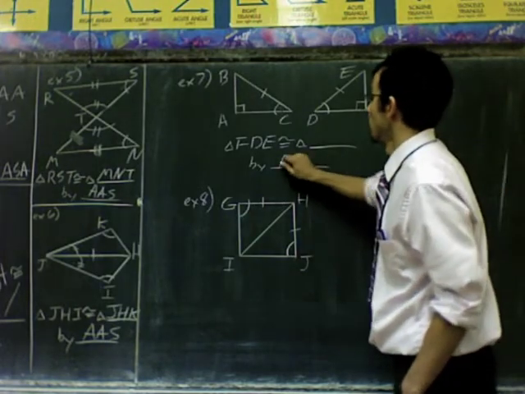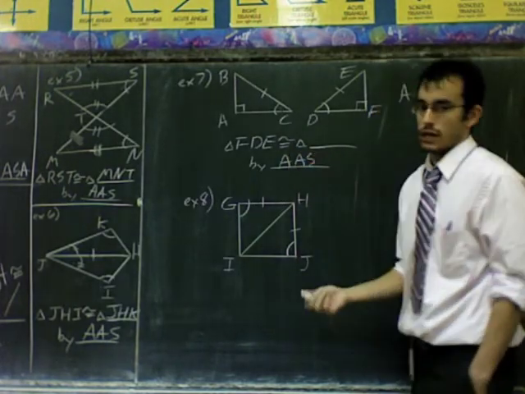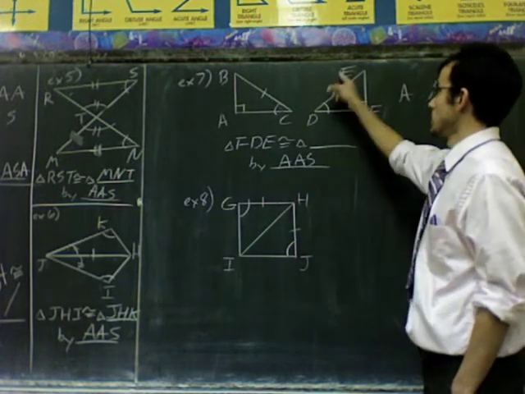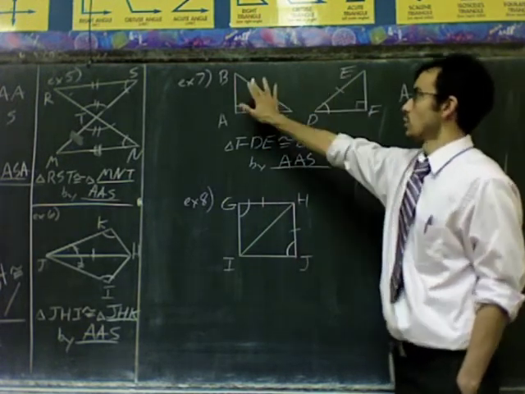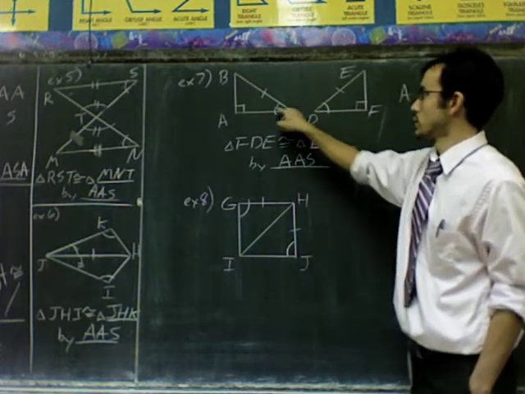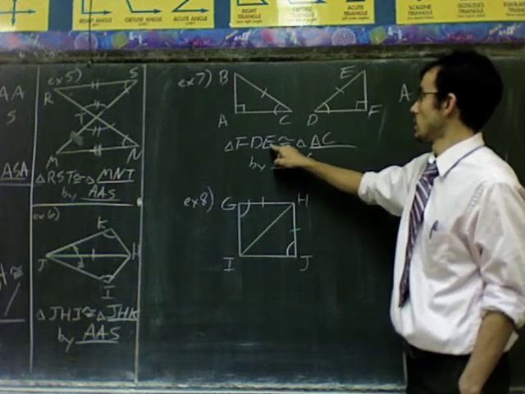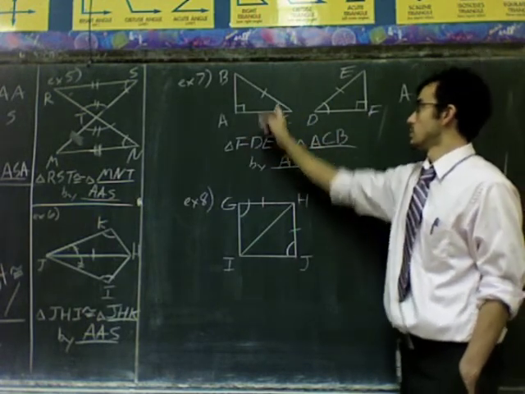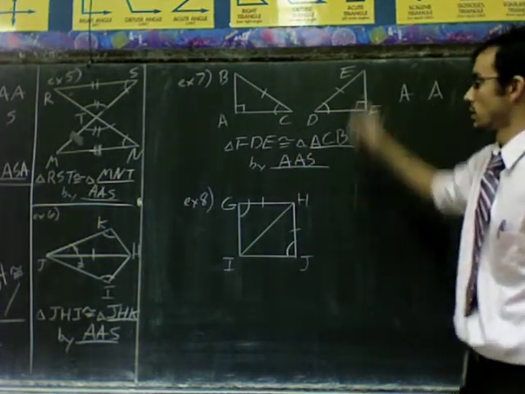So this is angle, angle, side. Or side, angle, angle. And matching the triangle should be pretty easy. FDE, hopefully you see that this just flips over. F matches with A, D matches with C, and then E matches with B. A, C, B matches F, D, E.